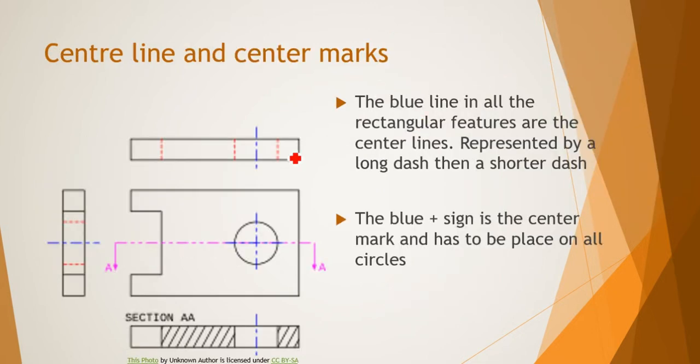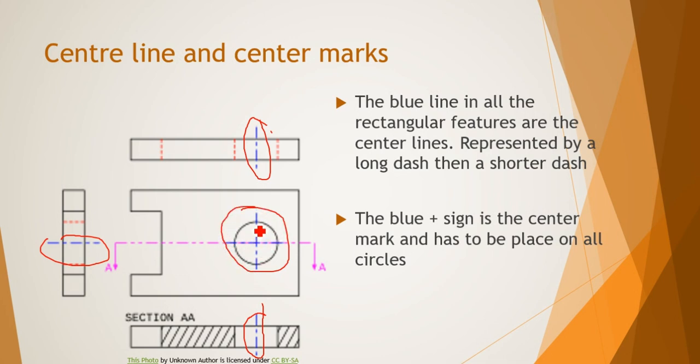So the blue lines, as you will see, this and this, are our center lines, and they are placed on rectangular features representing circular features, while the blue plus, this one, seems like a plus sign.